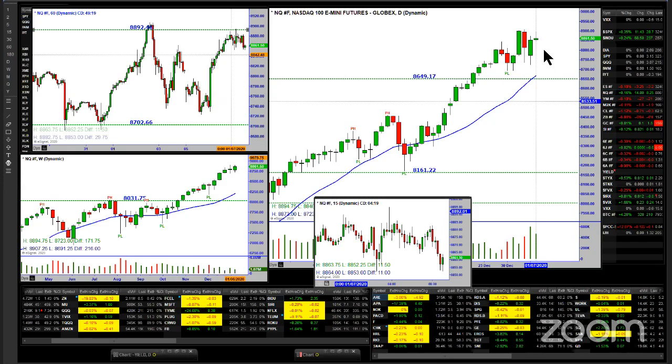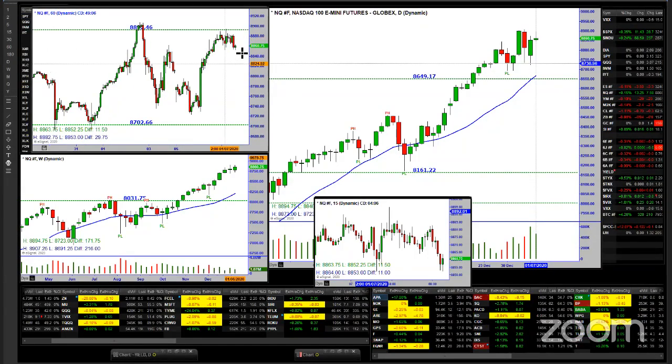But we'll see what today brings. We'll see what this bar looks like at the end of the day. Right now, we've got a resistance area where sellers are stepping up. Makes a whole lot of sense. We'll see where it goes, whether it pivots, whether it goes sideways up here.